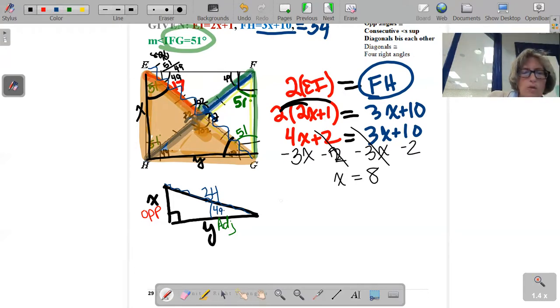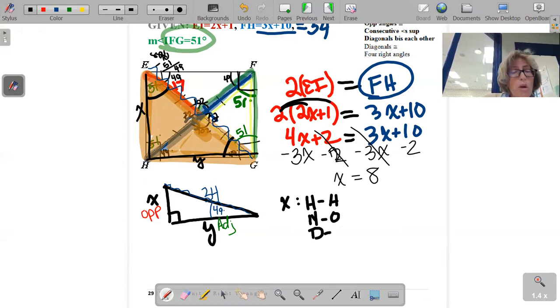So we're going to go for X. For X, I have the hypo. I need the opposite, which means I'm going to do sine because I have OH.